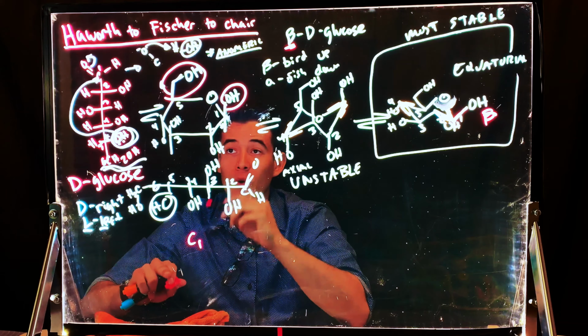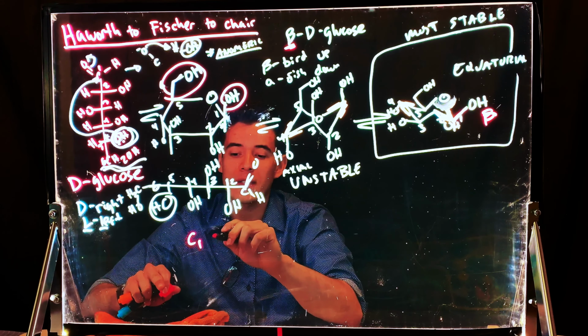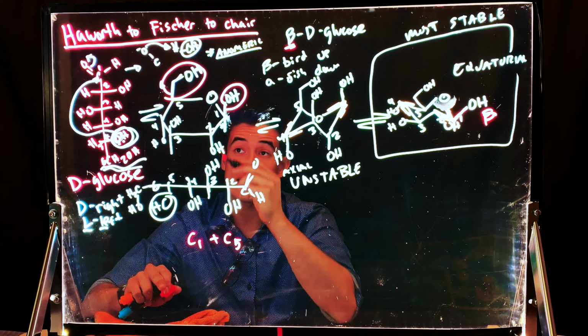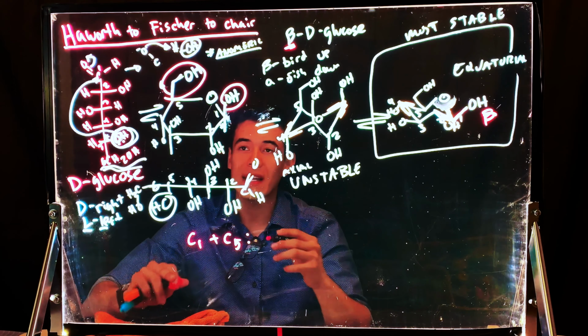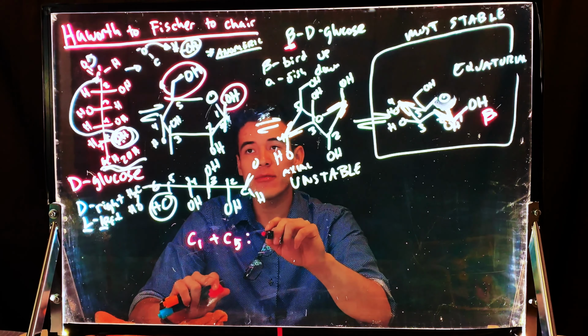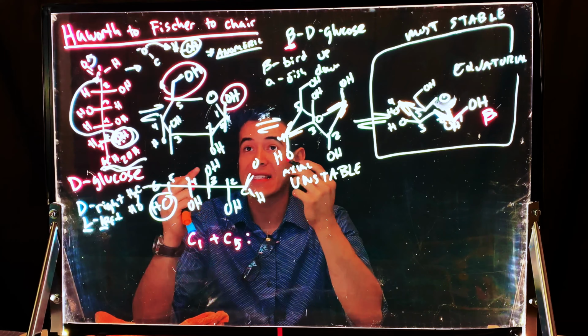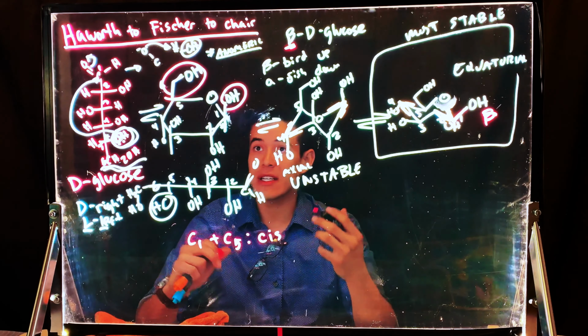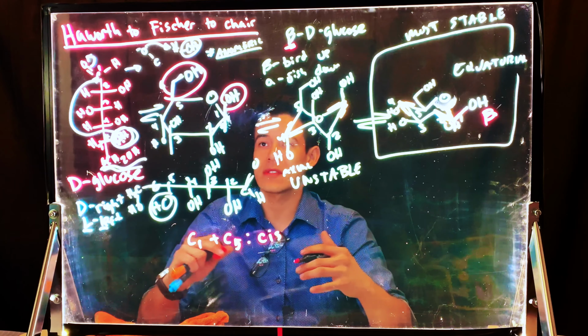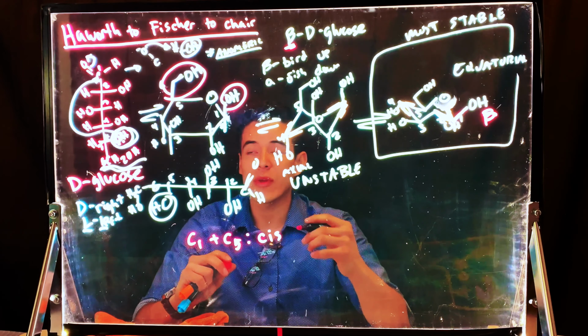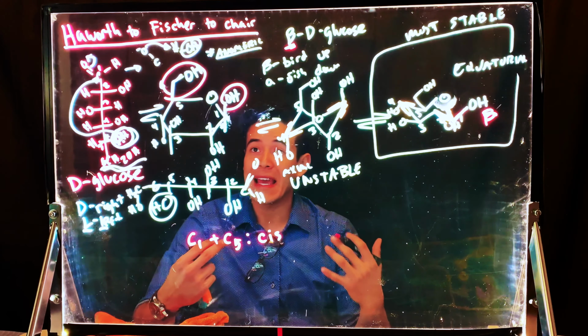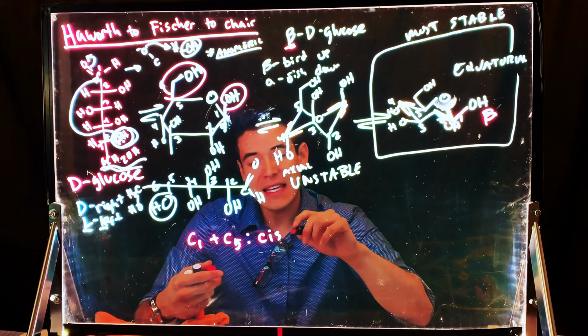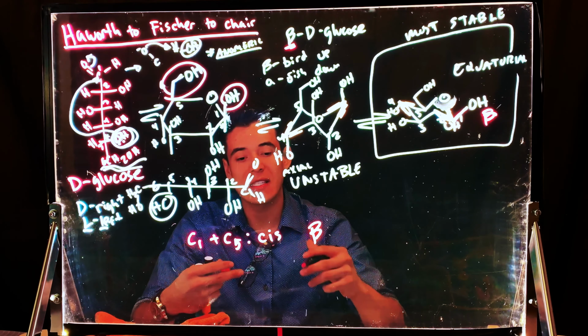It's also important to consider what's happening at C1 and C5. If both of these groups are pointing in the same direction, that is, if they are cis to one another, let's say they're both pointing upwards, then this is going to tell us whether it's a beta or an alpha sugar. So if they are cis, that's going to give us the beta.